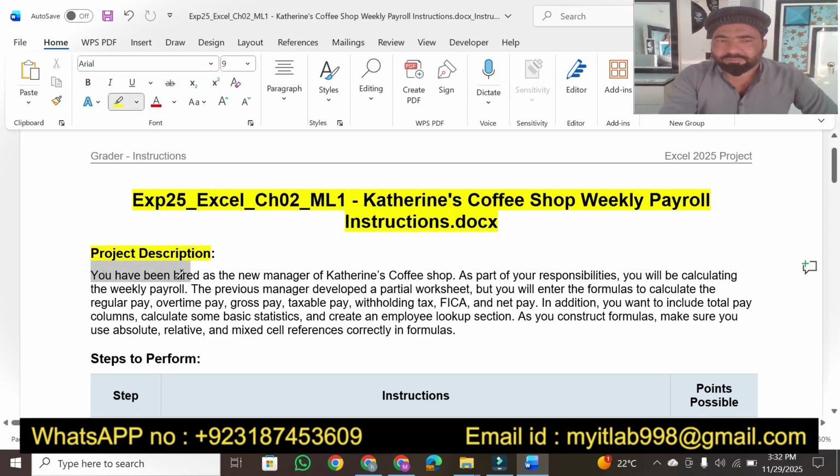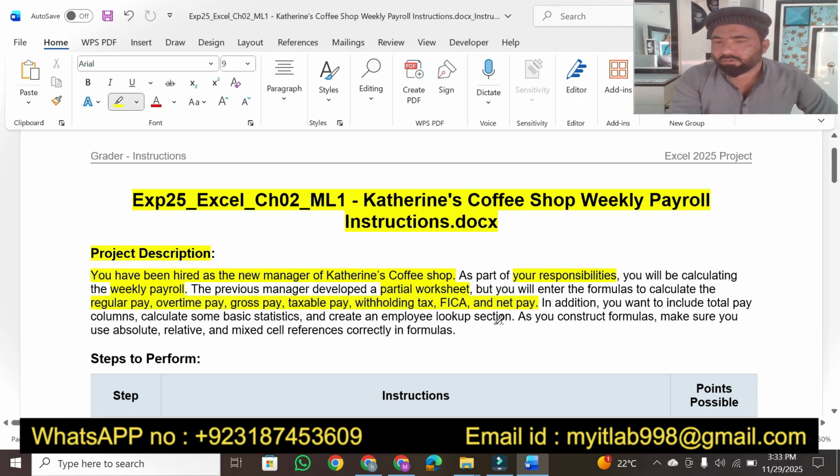You have been hired as the new manager of Catherine's coffee shop. As a part of your responsibilities, you will be calculating weekly payroll. The previous manager developed a partial worksheet, but you will enter formulas to calculate regular pay, overtime pay, gross pay, taxable pay, withholding tax, FICA and net pay.